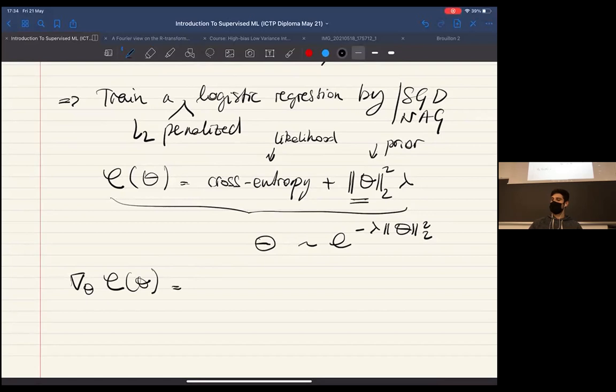It's very simple, okay? It's the old gradient plus a theta. So the exercise is not very hard: compute the new gradient here, okay? It's almost the same as before, because you have almost the same cost up to this additional term. So I think it should give something like plus lambda theta, okay?